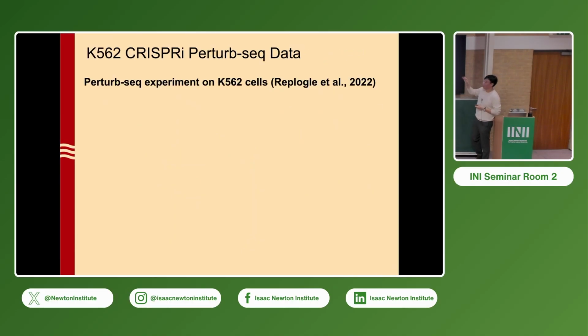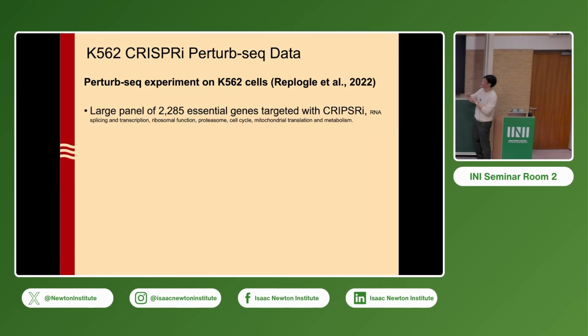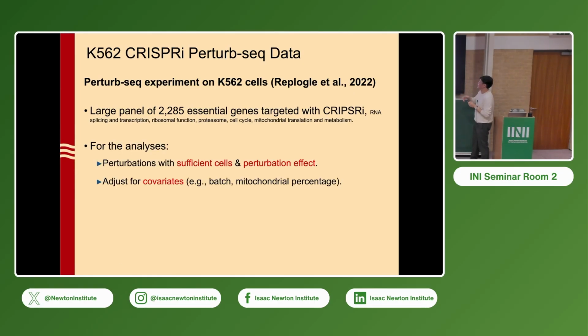Okay, so a motivating example. There's a data set from 2022, a Perturb-seq experiment on K562 cells. It's a large panel data set which contains around 2,000 genes, where each gene has some essential functional role. For the analysis, we use the perturbations with a sufficient number of cells, let's say 100 cells for that perturbation.